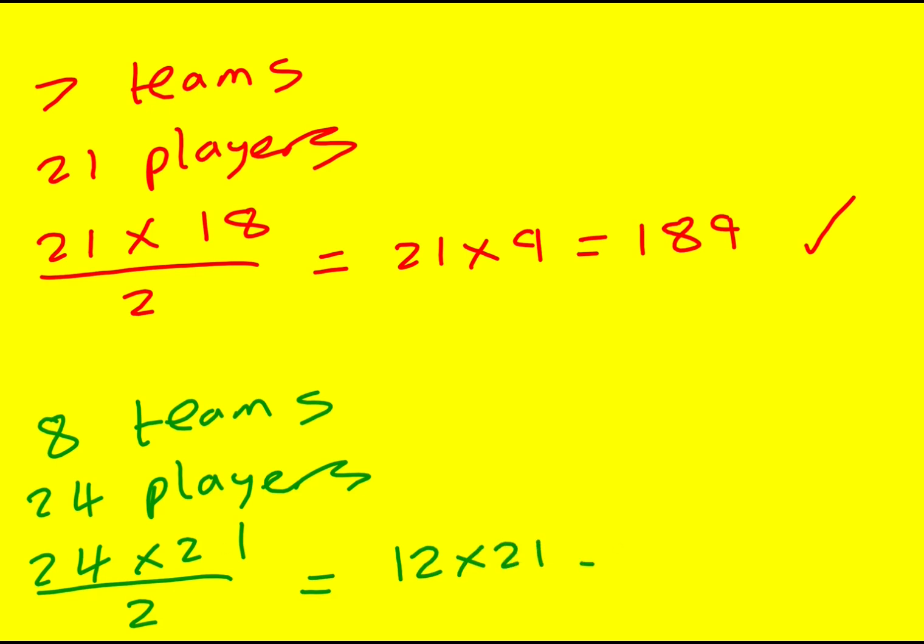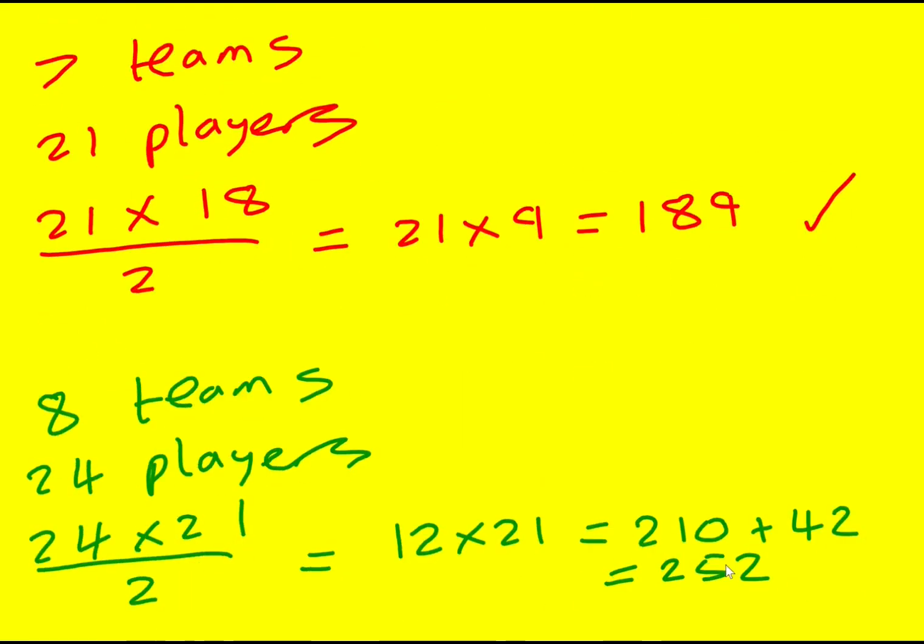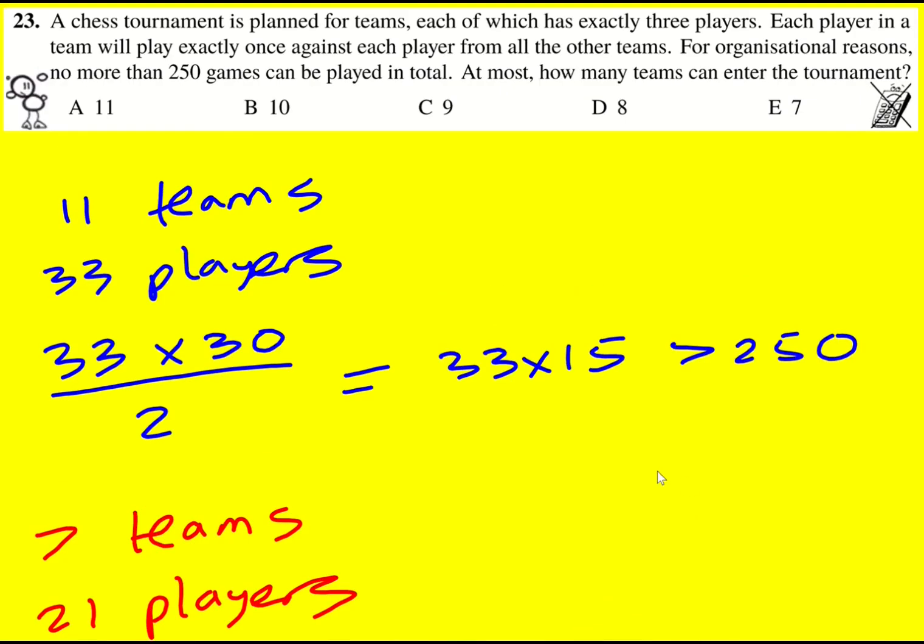So that's going to be 210 plus 42, 252. So slightly too many, because remember, it was no more than 250 games. So we'd have 252 games here. And that gives us our answer.